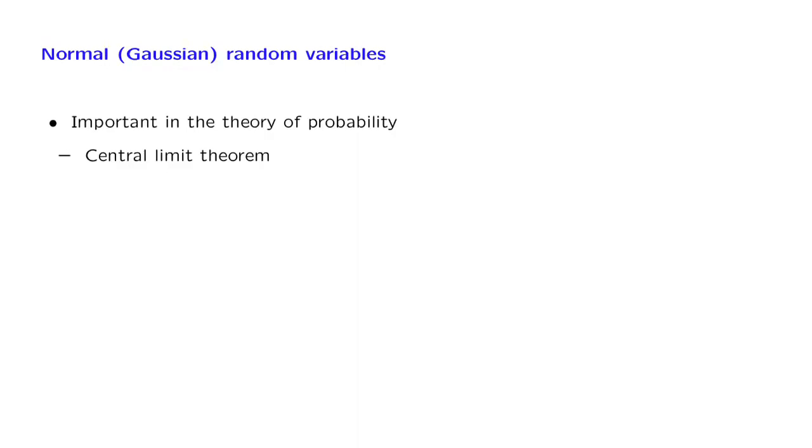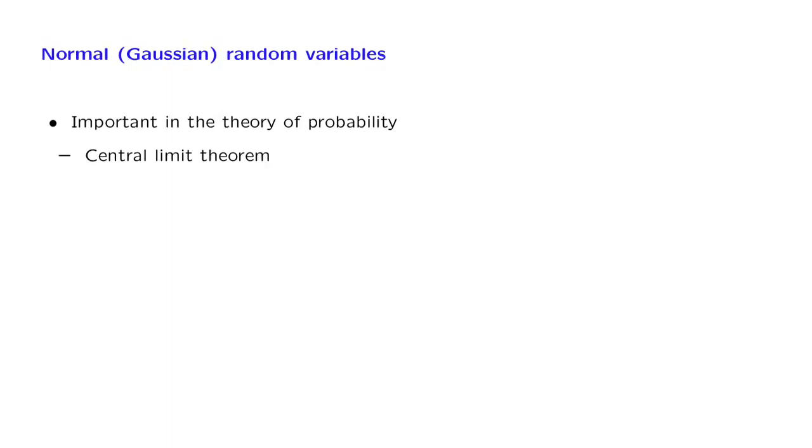We now introduce normal random variables, which are also often called Gaussian random variables. Normal random variables are perhaps the most important ones in probability theory. They play a key role in the theory of the subject, as we will see later in this class in the context of the central limit theorem. They are also prevalent in applications for two reasons.